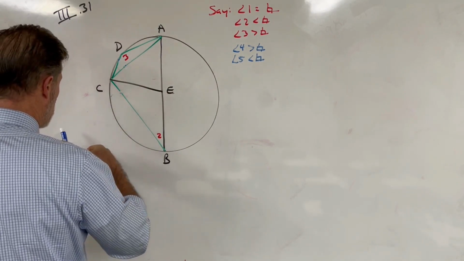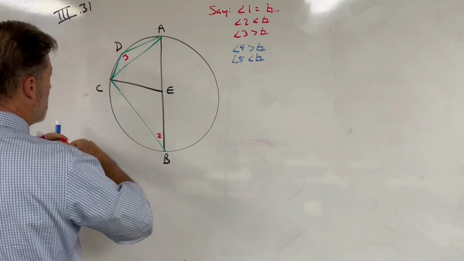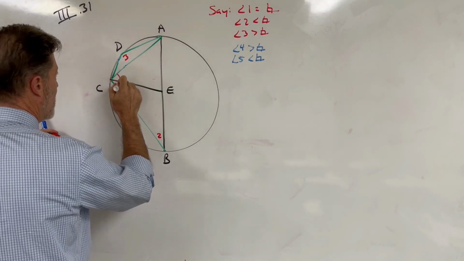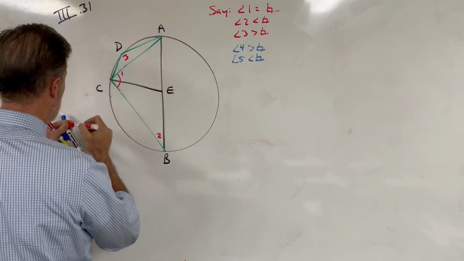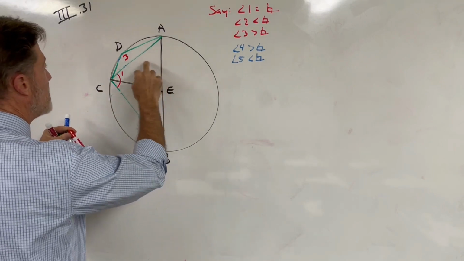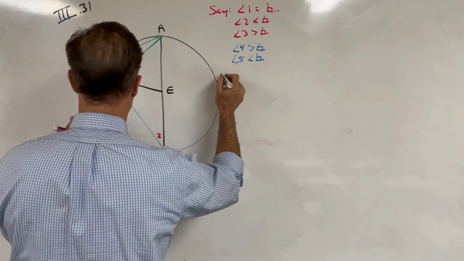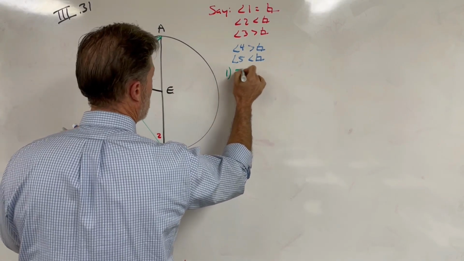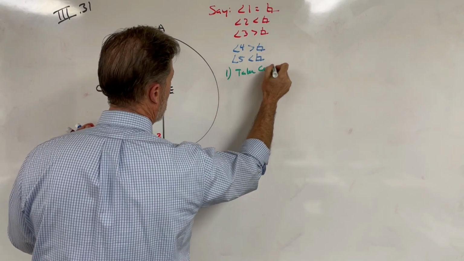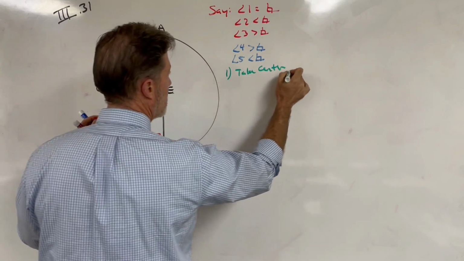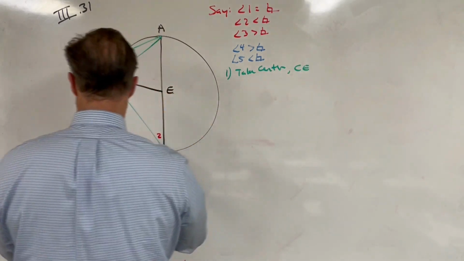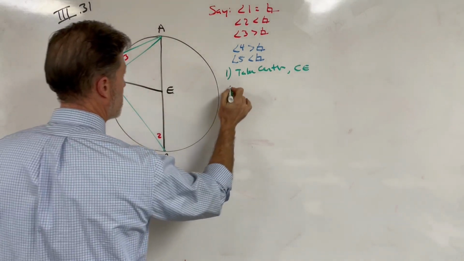Remember, we're looking at this whole angle here as angle 1, but we're going to see it broken up into smaller angles. So the first step is to take the center and connect CE.